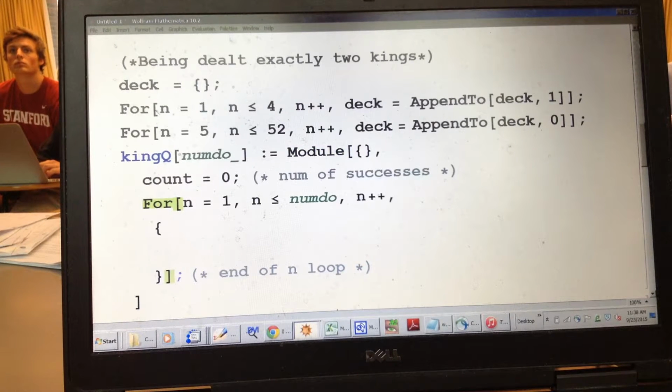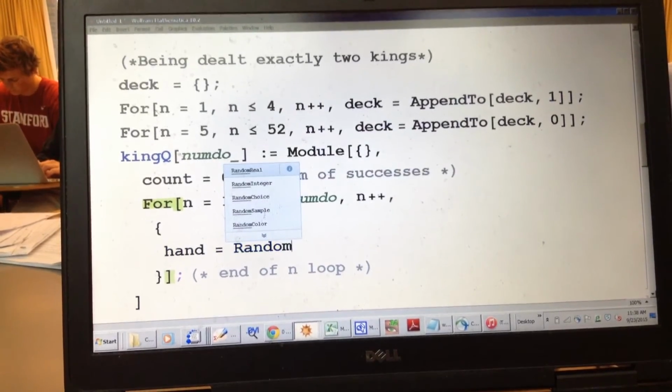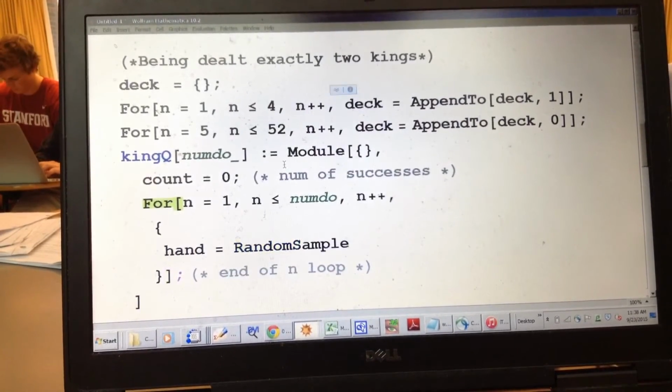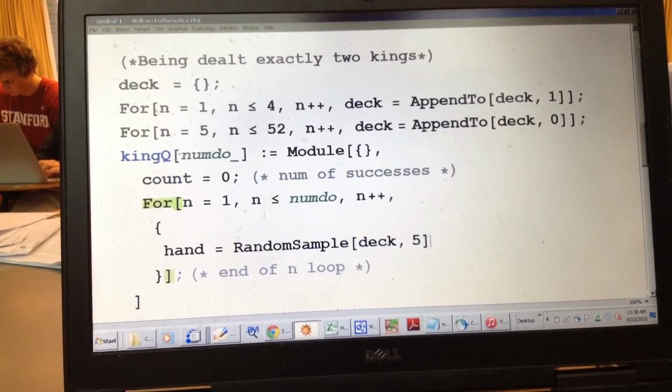All right, how many cards are in my hand? 5. So I want hand to equal random sample from deck and choose 5 cards.